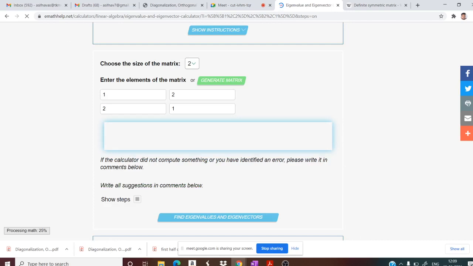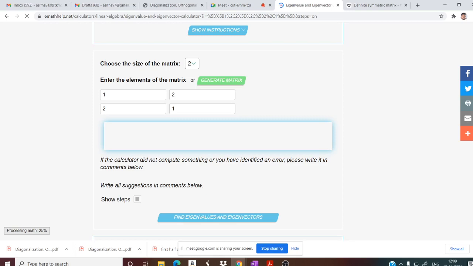I click here, and I will get the eigenvalues and eigenvectors from some calculator on the internet. Here the eigenvalues are 3 with corresponding eigenvector 1, 1, and the other eigenvalue is -1 with eigenvector -1, 1.